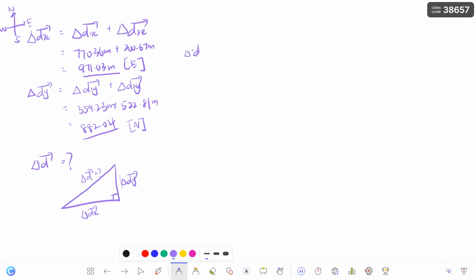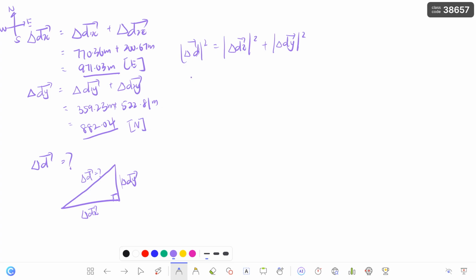So delta d is equal to the magnitude of delta dx plus the magnitude of delta dy. You can just ignore the modulus sign because it just represents the magnitude, or the value, of each displacement.